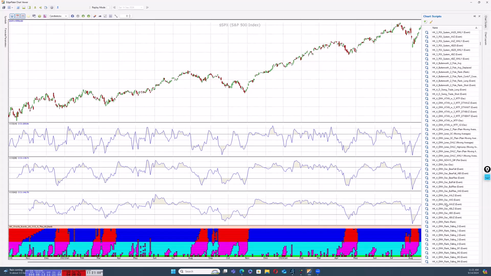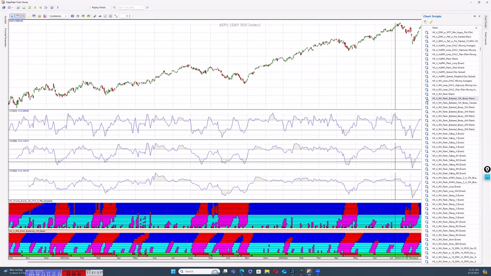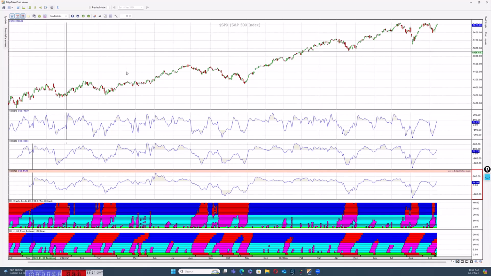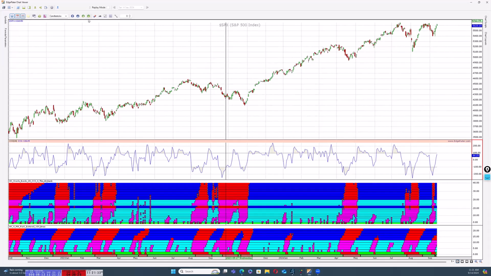I should just go in and search, but I know where I'm looking. Okay, right about here. For MA rank 10 butter. There's one of my favorites that I end up doing. And I'll just close this out for now and get rid of a couple indicators to add space.